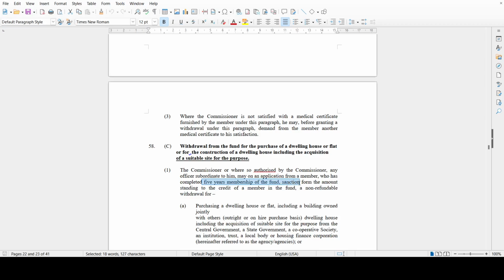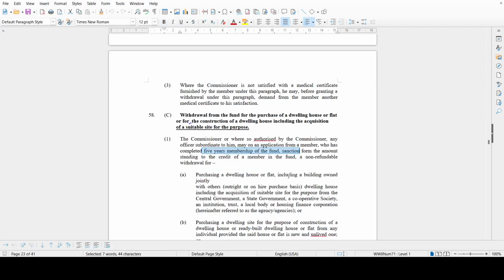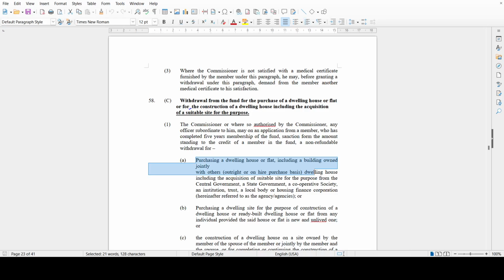If you are under this criteria and the commissioner sanctions the withdrawal, you will get it. For that you have to provide the required documents, that is, a certificate for purchasing a dwelling house or flat, including a building owned jointly, and purchasing a dwelling site for the purpose of construction of a dwelling house.